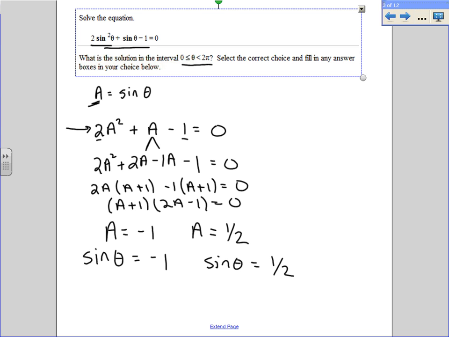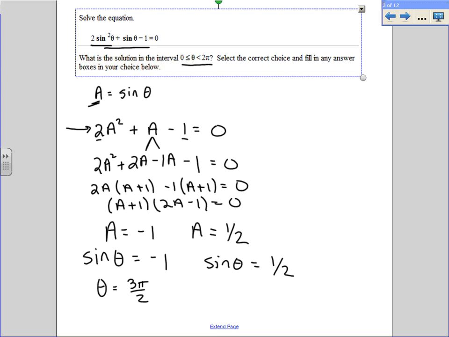So let's look up on our unit circle here. Where is the sine negative 1? That's actually only going to give me one solution because it's quadrantal there. And so the sine is negative 1 at 3 pi over 2. And that's the only place that it's negative 1. So just one solution.